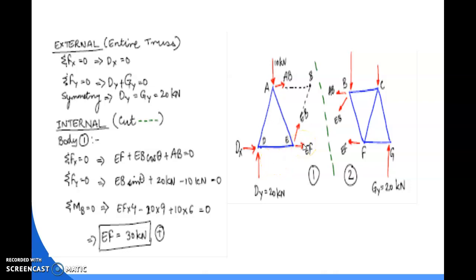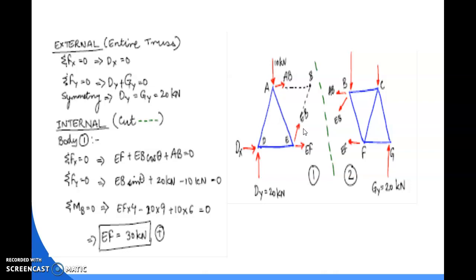The free body diagram of this first part should look like this. To solve the first equilibrium equation, that is Fx equal to 0, all the horizontal forces are equal to 0. In the first part of the truss, there are three horizontal members and one inclined member. The force on inclined member EB should be resolved in the horizontal direction.